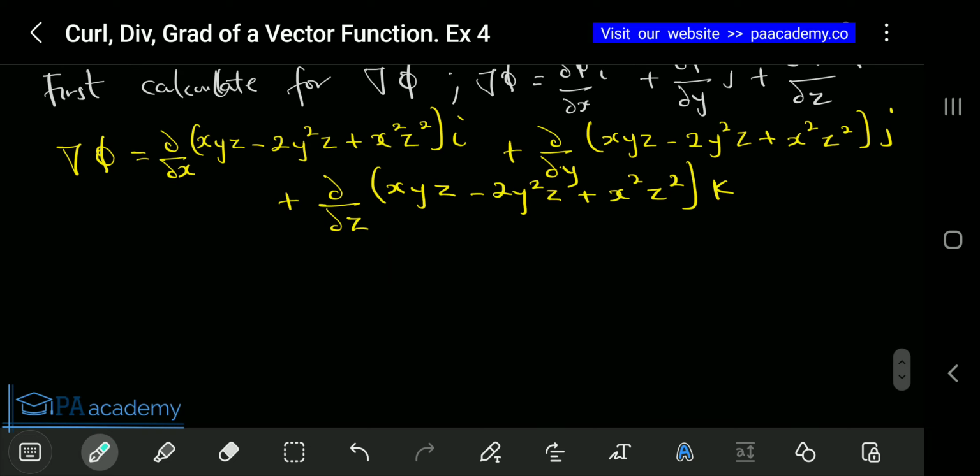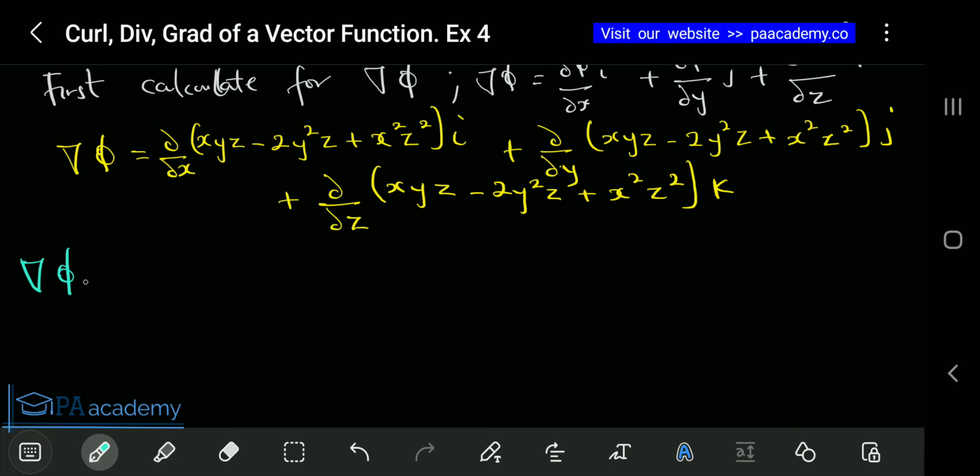Now let's tidy it up. Let's start with this one. If we differentiate what we have here with respect to x, we have x here, and differentiating x gives 1, so y and z will remain.